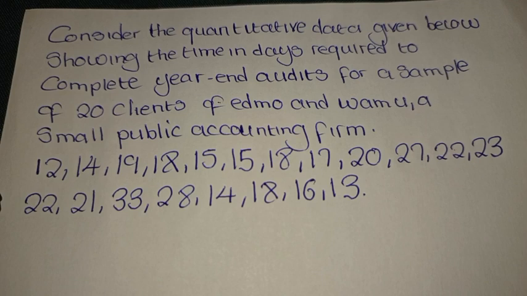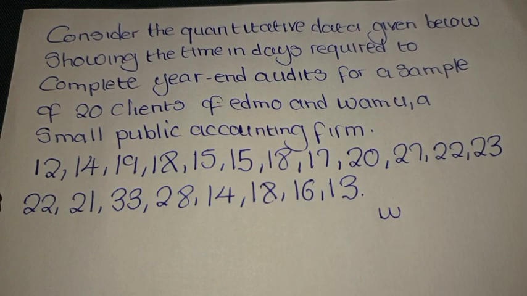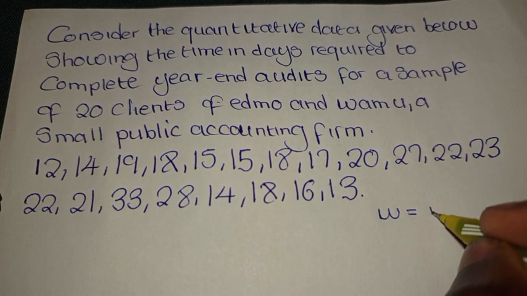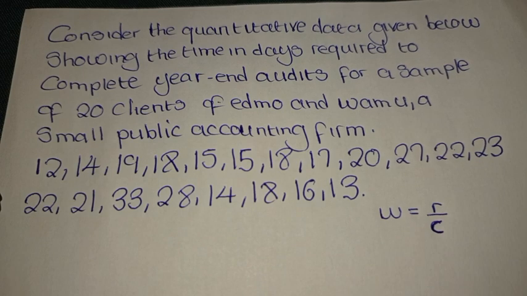For you to construct the frequency distribution table, you need to know the class width. The class width is given by the range divided by the number of classes you want.